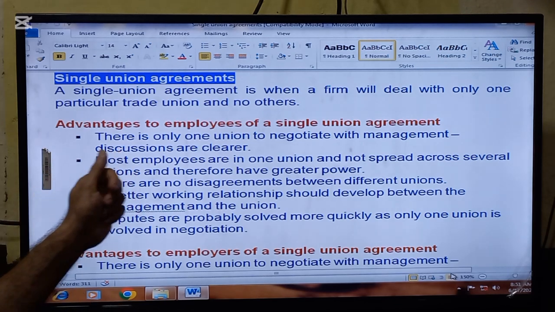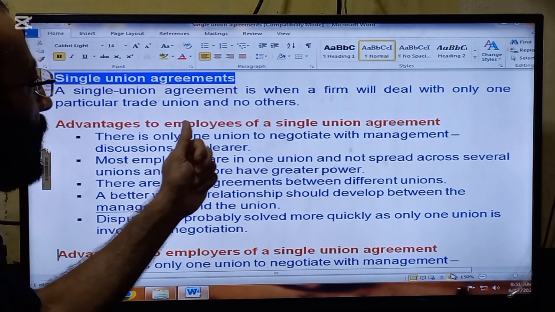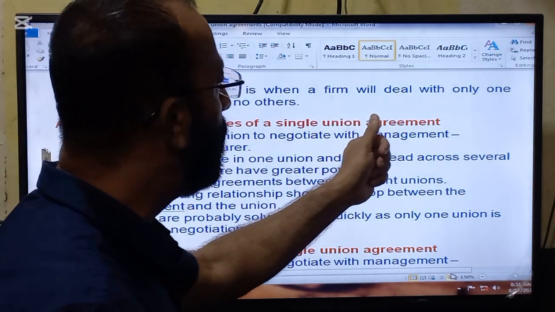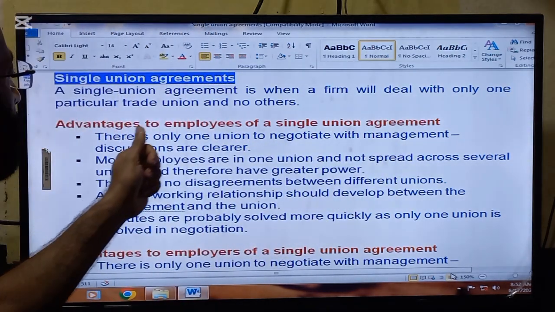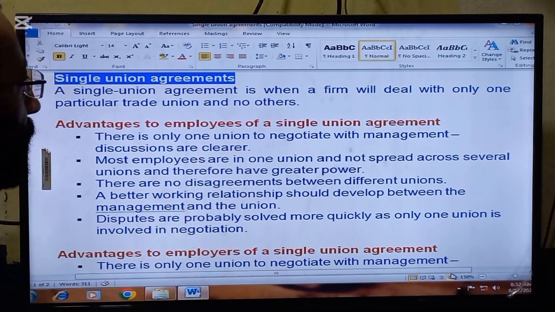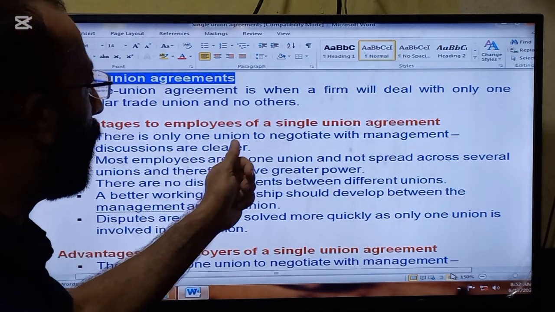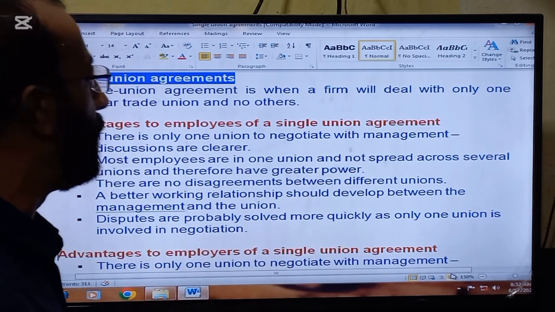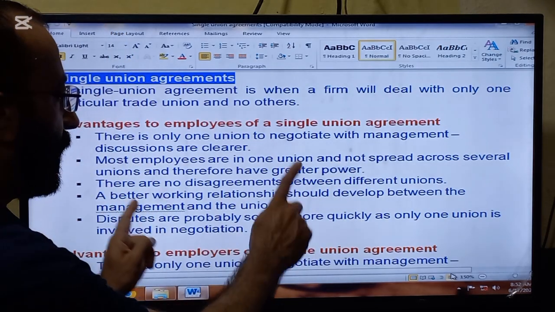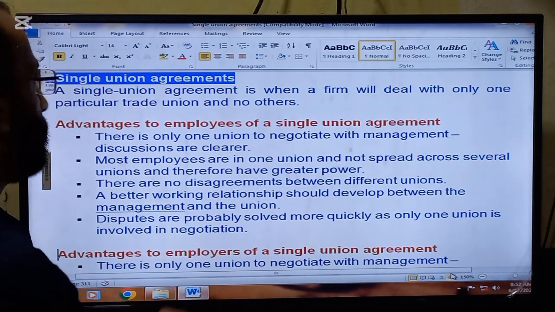Single union agreements. A single union agreement is when a firm will deal with only one particular trade union and no others. Advantages to employees of a single union agreement. So these are the advantages for the employees.